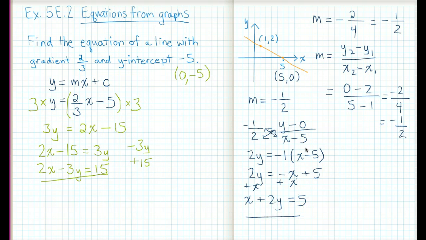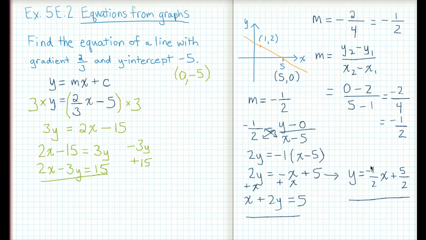So that's general form. And if I go this way into gradient intercept form, then I would divide everything by 2. So I get y equals negative x divided by 2 is negative x over 2, or negative 1/2 x plus 5 over 2. And that's in gradient intercept form.